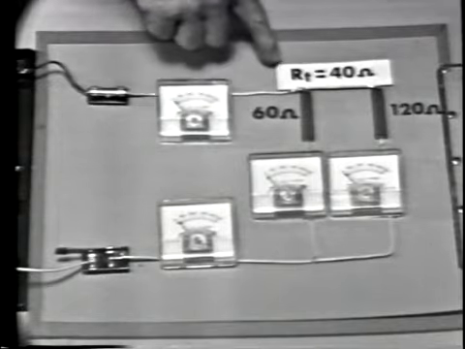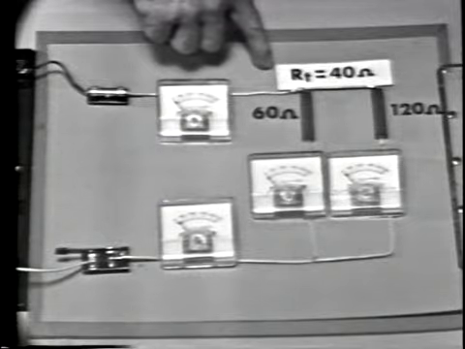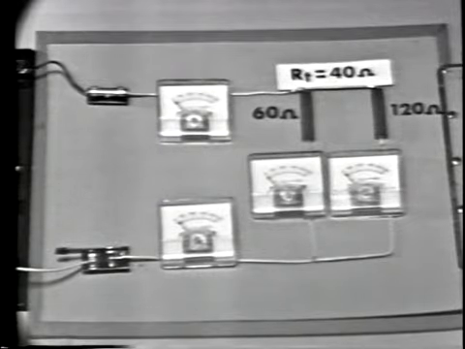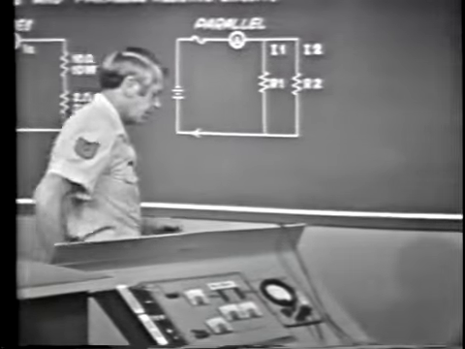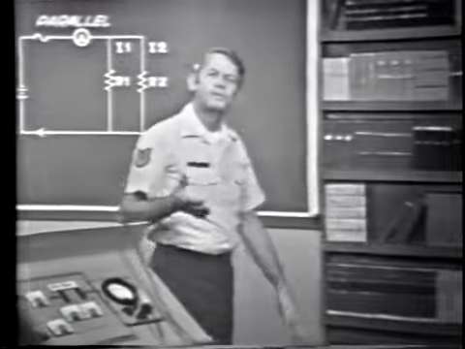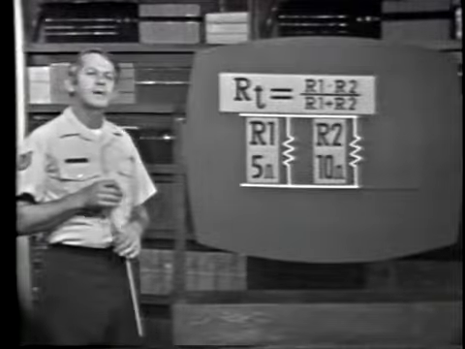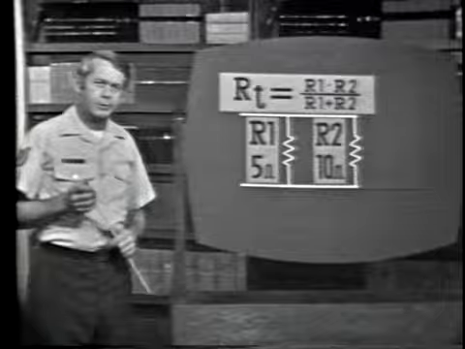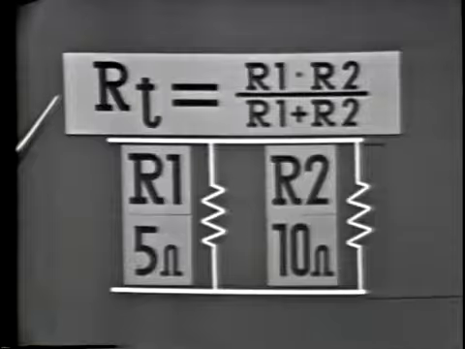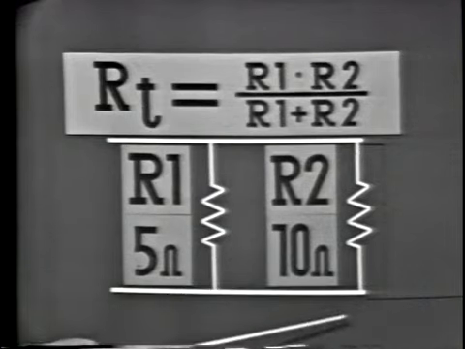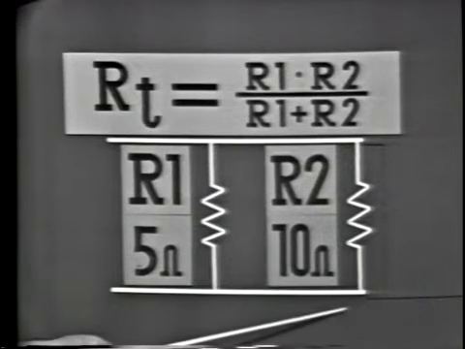If you'll recall, we measured a total resistance of 40 ohms in this circuit. Now, of course, the more resistors we add in parallel, the more the total resistance will decrease. Now, several formulas are used to calculate total resistance in a parallel circuit. This first one is used when there are only 2 branches in the circuit.